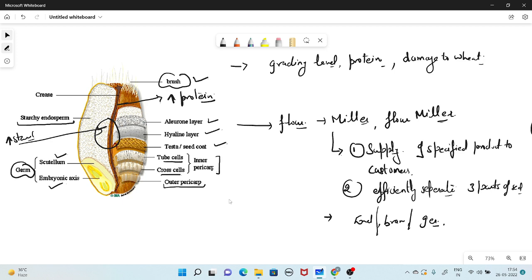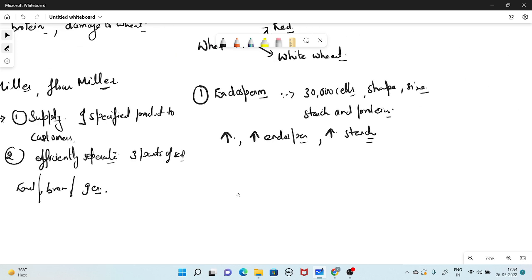So let's talk about the bran now. The next part is the bran. It consists of the pericarp, the outermost tissue, and the aleurone layer.